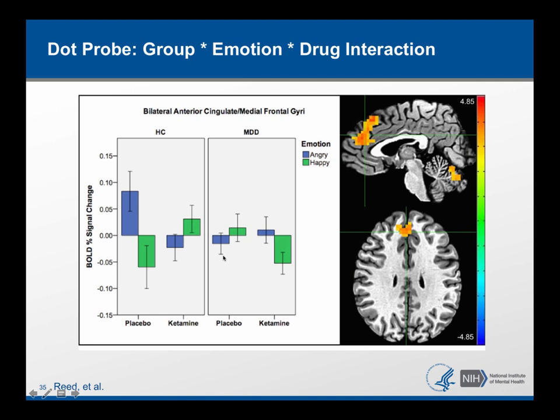However, under ketamine, that reversed, such that after treatment with ketamine, our depressed subjects looked a lot more like our healthy subjects under placebo, and our healthy subjects under ketamine looked a lot more like our depressed subjects under placebo. So this is consistent with the idea that we see ketamine increasing depressive symptoms in our healthy subjects, but decreasing them in our depressed subjects.